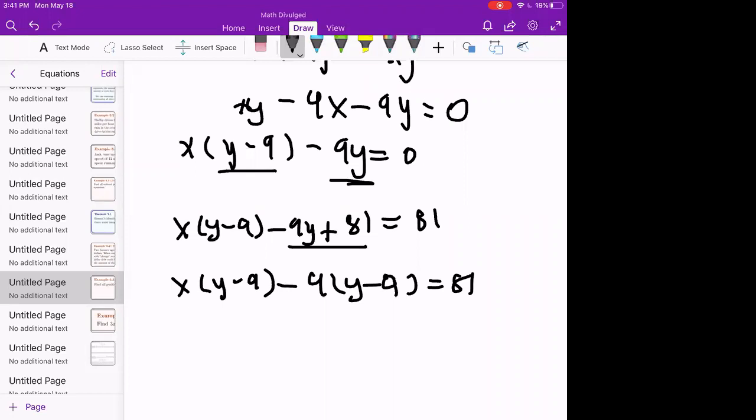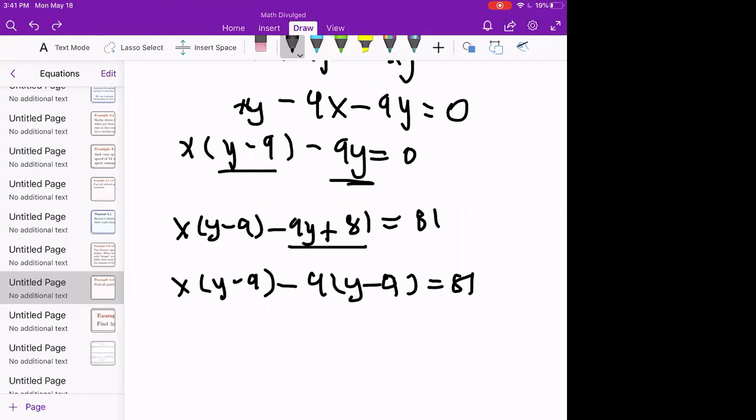So basically what you want to do in order to reach this is to multiply the coefficient of the negative 9y, which is the negative 9, by the term that we want to multiply it with, which is the negative 9 here. So we multiply those two, and that's just the 81 on the right-hand side.